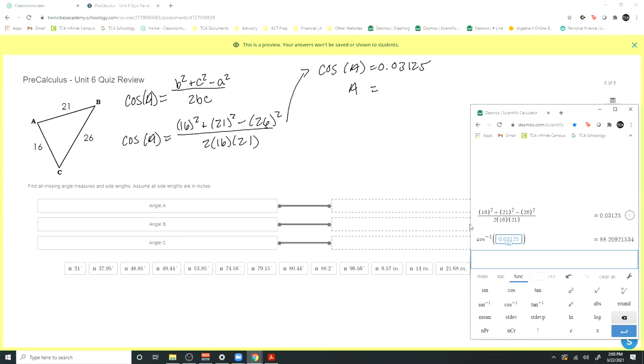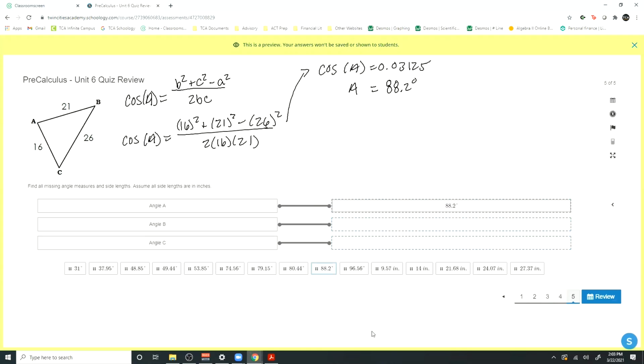So 88.2, sorry, this one here. All right, so 88.2 degrees is angle A.